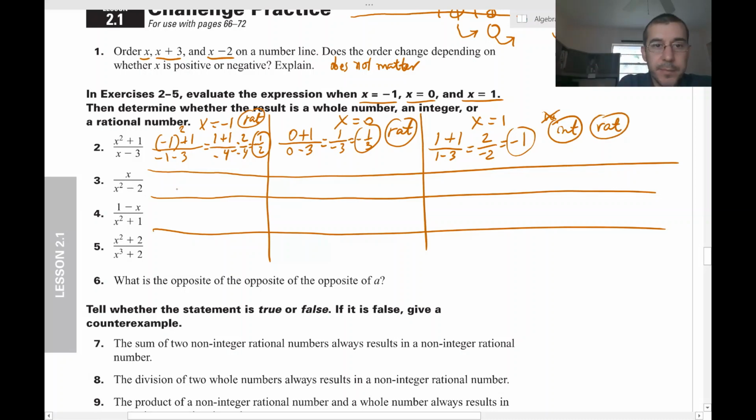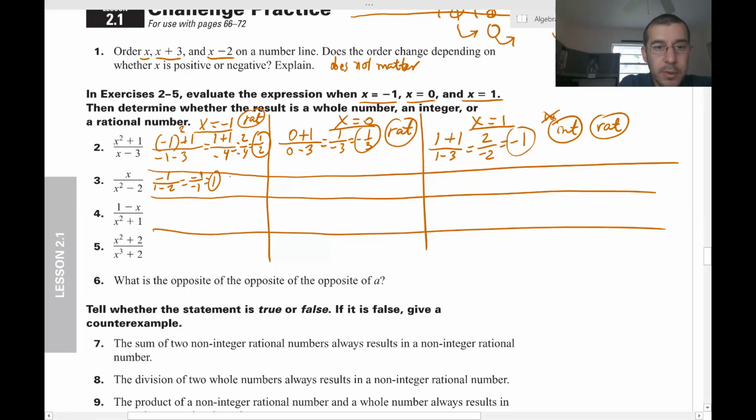Number 3, when x is minus 1, we have minus 1 over minus 1 squared, that's minus 1 times minus 1, which is 1. So 1 minus 2, that's minus 1, so minus 1 over minus 1 is just 1. Okay.